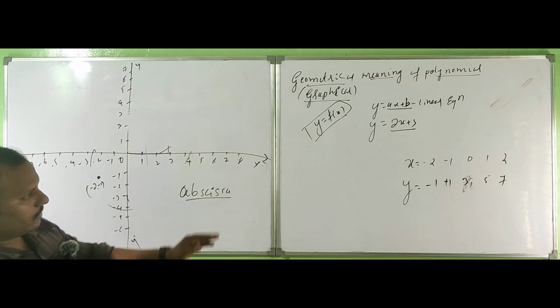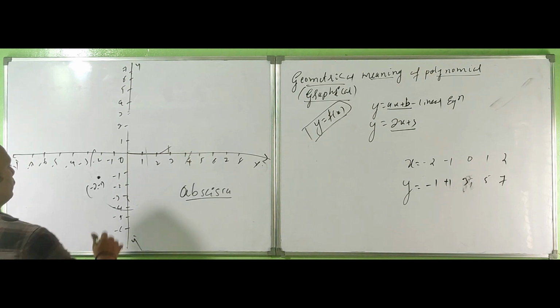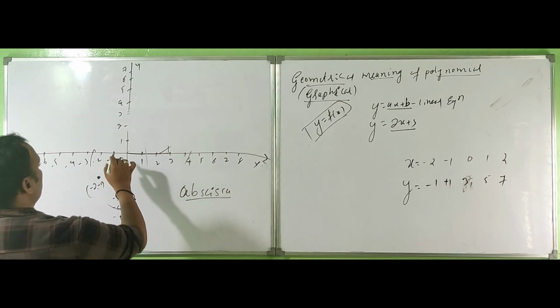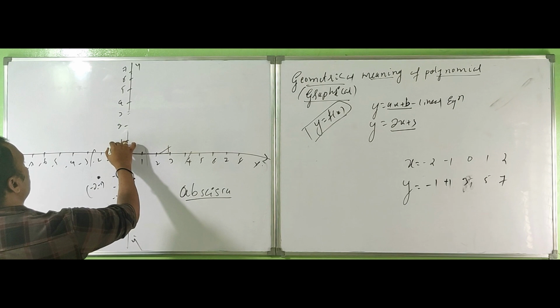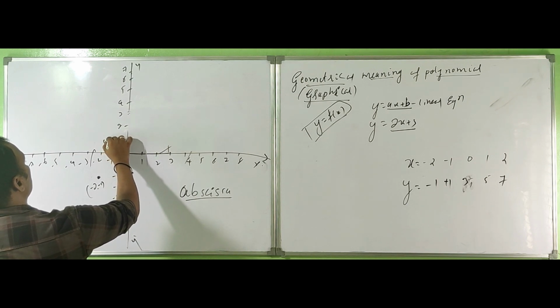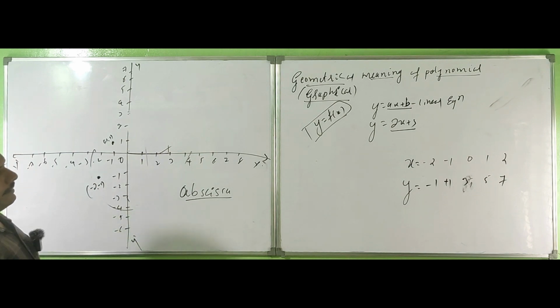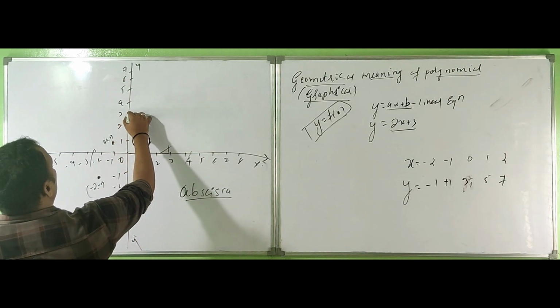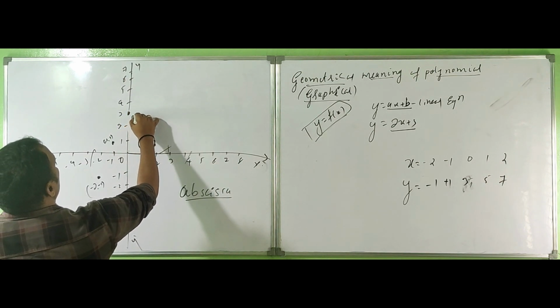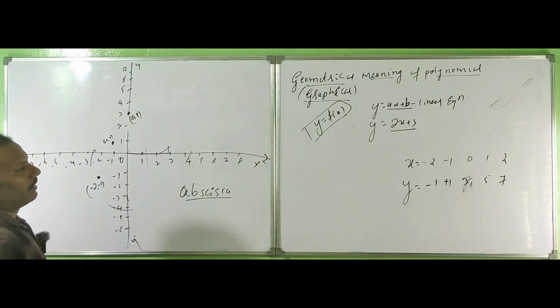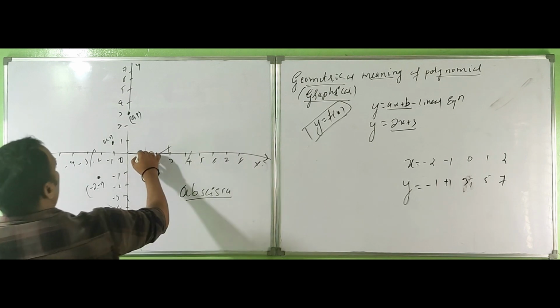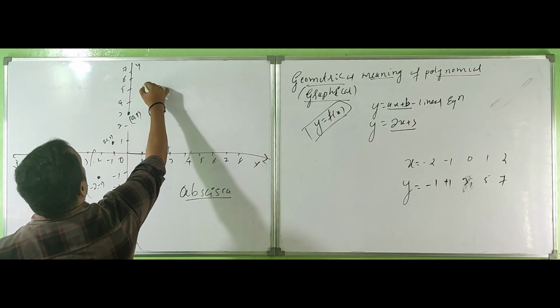For x equal to -1, we have plus 1, so the point is -1, 1. For x equal to 0, we have 3, so 0, 3. And for x equal to 1, we have 5.